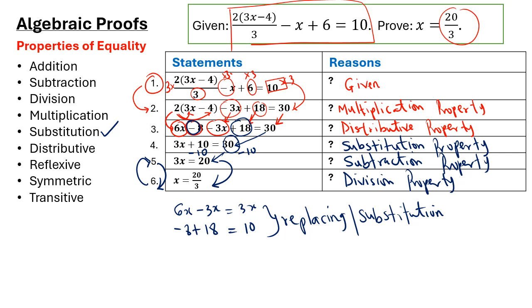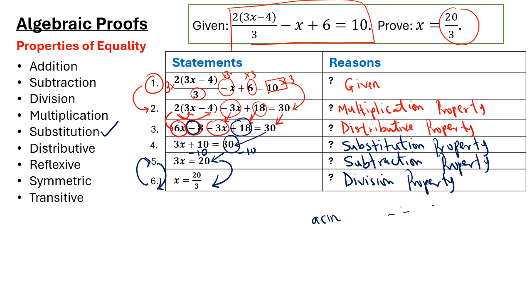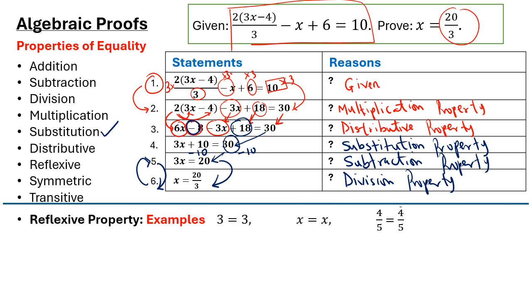But before we conclude, I would like to give you some examples of the reflexive property, symmetric property, and transitive property. So let's talk about the reflexive property. An example of the reflexive property is when you set a number equal to itself. For example, we know that 3 equals 3, which is just like a reflection of itself.